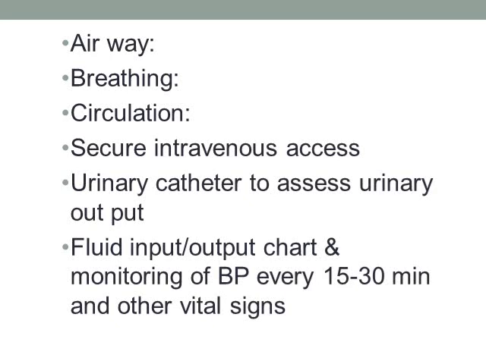The fluid input and output chart is very important. I should document everything I give to the patient, and every cc of urine that comes out, I should document it, because if I give a lot of fluids and there is severe oliguria, then the patient might develop pulmonary edema. Very easily she develops pulmonary edema because she has impaired or dysfunctional endothelial cells.